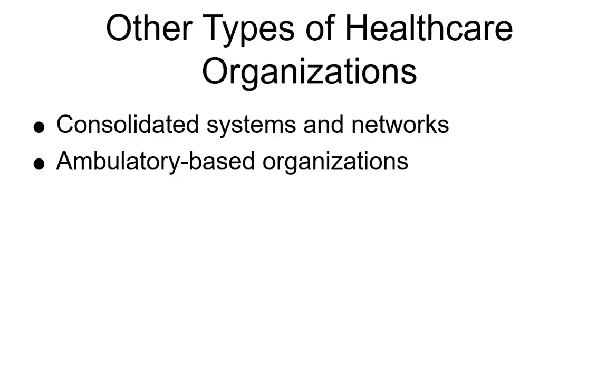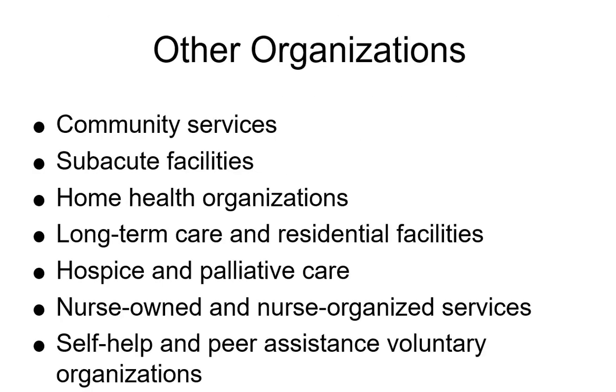Hospice or palliative care services, and then nurse-owned nursing centers. Other organizations, community services, subacute facilities, home health organizations, again, long-term care and residential facilities, hospice, self-help, and peer assistance voluntary organizations.